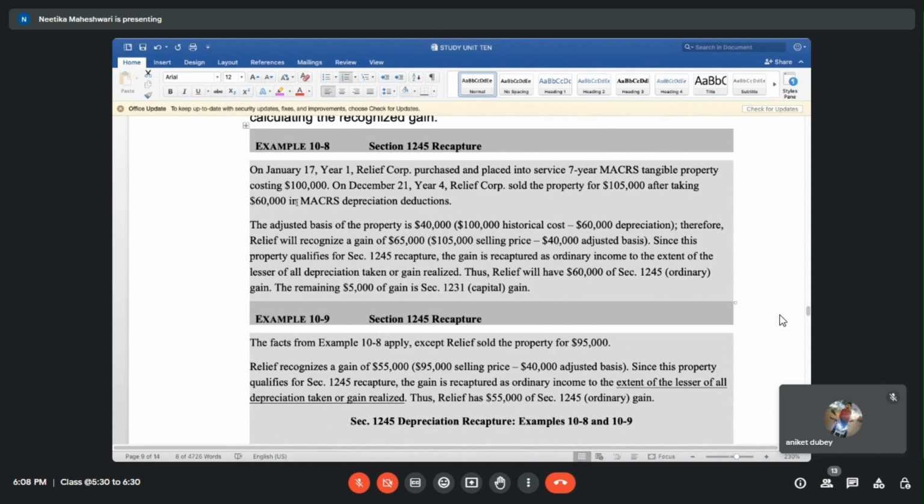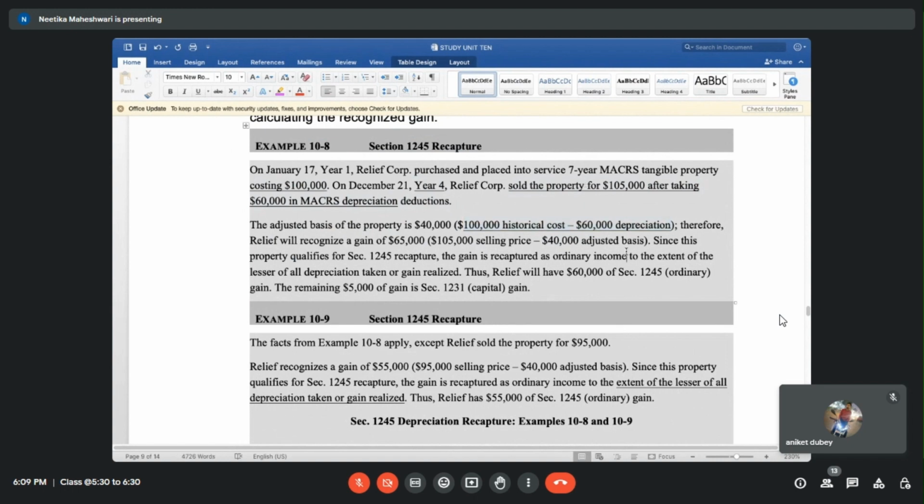On January 17th, year 1, Relief Corporation purchased and placed into service 7-year MACRS tangible property costing $100,000. On December 21, year 4, Relief Corporation sold the property for $105,000 after taking $60,000 in MACRS depreciation deductions. The adjusted basis of the property is $40,000, that is $100,000 historical cost minus $60,000 depreciation.